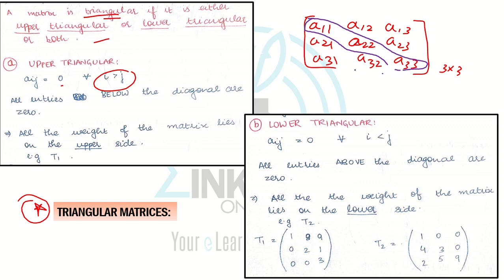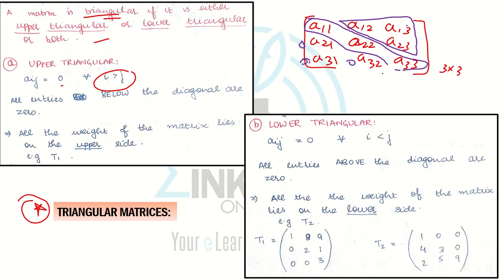So what you're saying is that all of these elements are going to be 0, and in that case it's going to actually be an upper triangular matrix. And if you think about it, when that happens, all the weight of the matrix, like I had said earlier also, is going to fall on the upper triangular portion, which is this portion right here, because this is the portion which is not equivalent to 0.